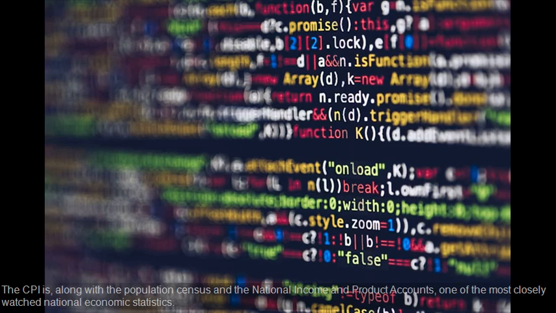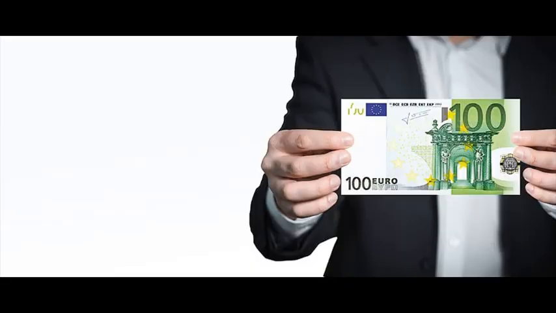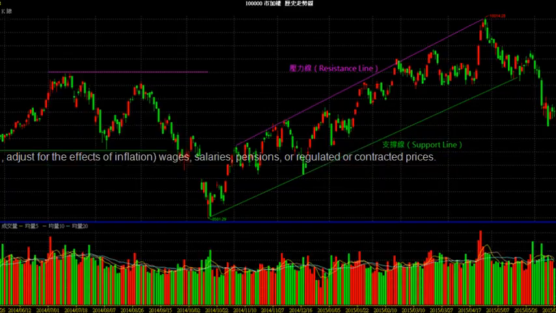The CPI is, along with the population census and the national income and product accounts, one of the most closely watched national economic statistics. Adjust for the effects of inflation, wages, salaries, pensions, or regulated or contracted prices.